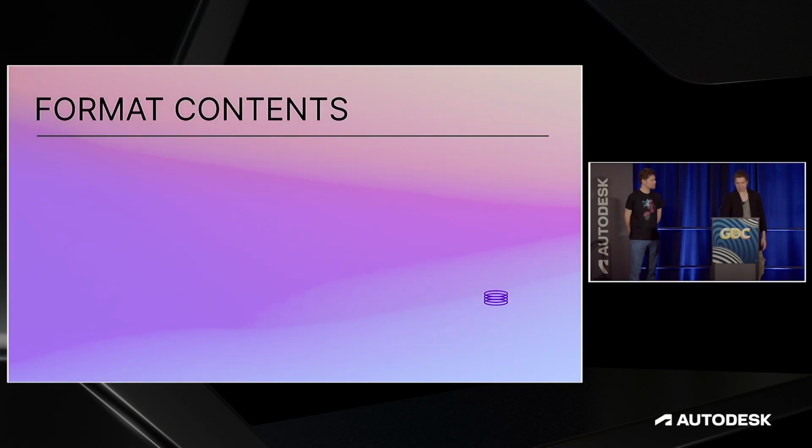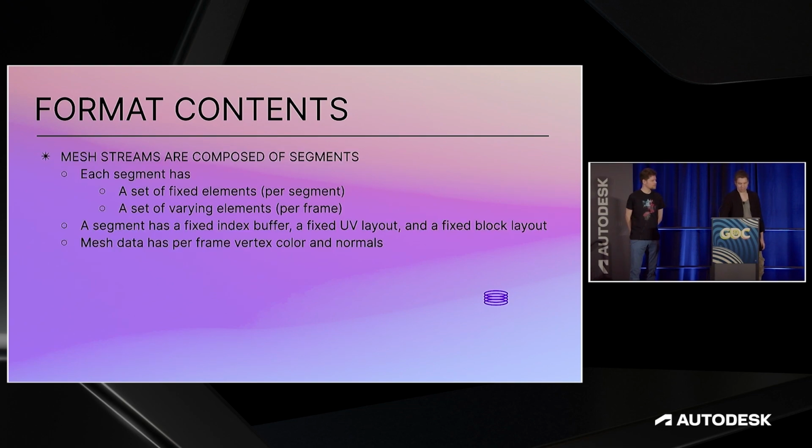So what exactly are we sticking into the AVV format? For the mesh stream, we've basically got this set of segments. And you can think of it like a segment of an encoded video file. You've got this sort of keyframe, and then you've got these sort of in-between datas that make the keyframe last as long as it can last before the error is too high, and then you start a new segment.